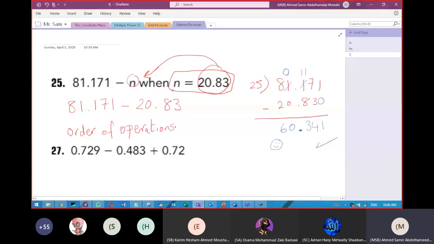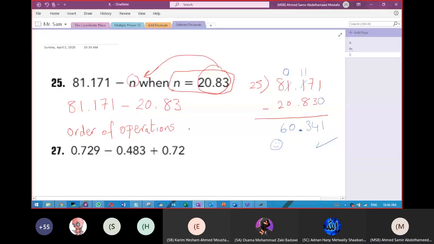Order of operations. What's the rule of order of operations? What's the method that we follow? We have an acronym, like a word that we use to do order of operations. PEDMAS, what is it called?